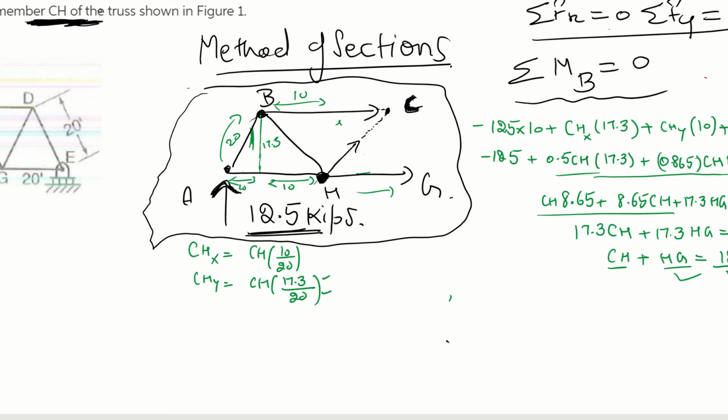So I can join these two points and say that I'm going to rotate this body about point C, and if I do that, I can easily find HG, because that will cancel HC and BC out of here.